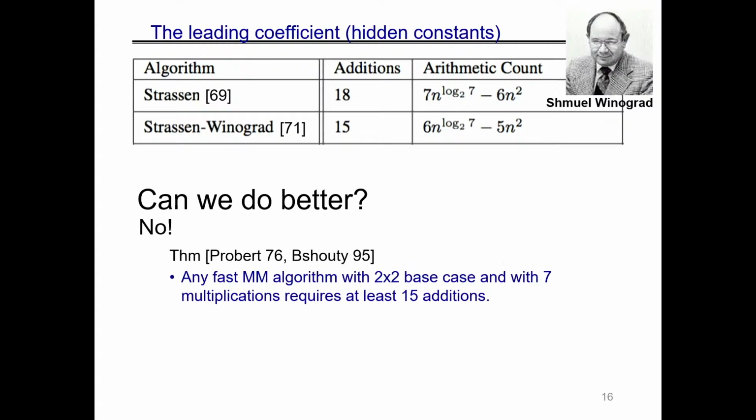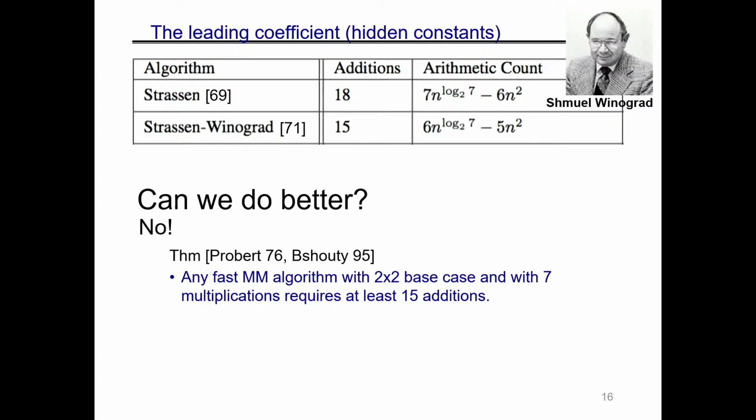We have two proofs, two different techniques, to prove that if you start with a 2x2 base case recursive matrix multiplication, then you require at least 15 additions. So 7 multiplications and 15 additions, which translates to a leading coefficient of 6.